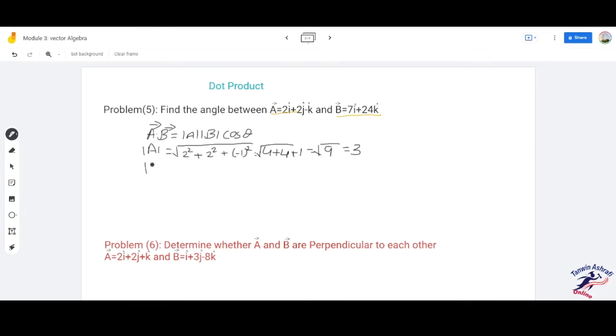Now if we try to find the magnitude of B in a similar manner, 7 squared plus 24, there is a mistake, give me a second.